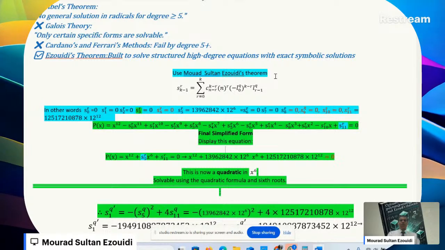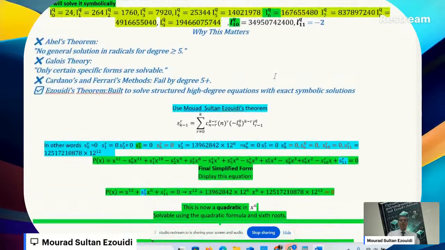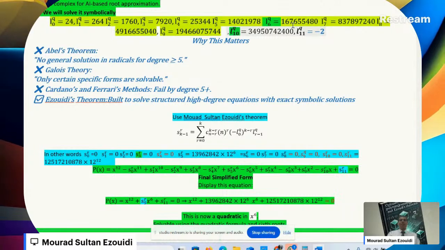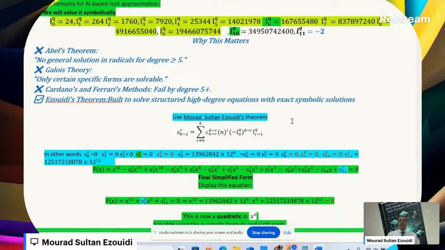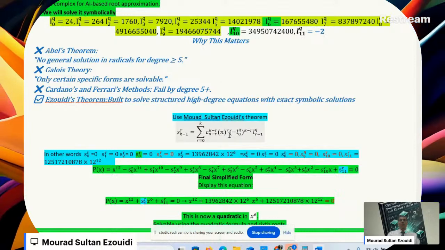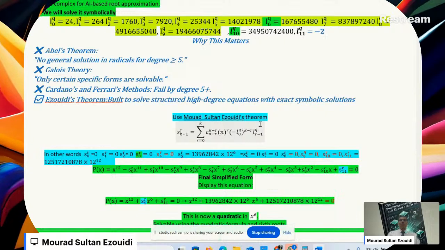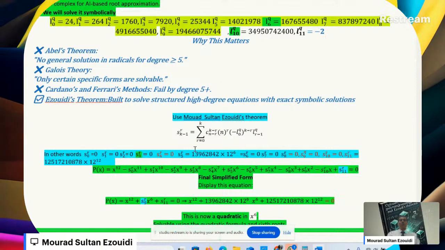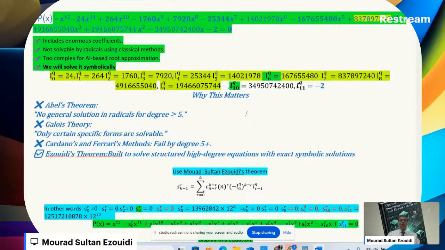Let's go step by step. These are the coefficients that we will use in the theorem of Mourad Sultan Ezouidi. This is the one powerful formula that will help you find the new 12-degree equation corresponding to the original one. In this example, my professors, you will see how we write it as a quadratic equation.